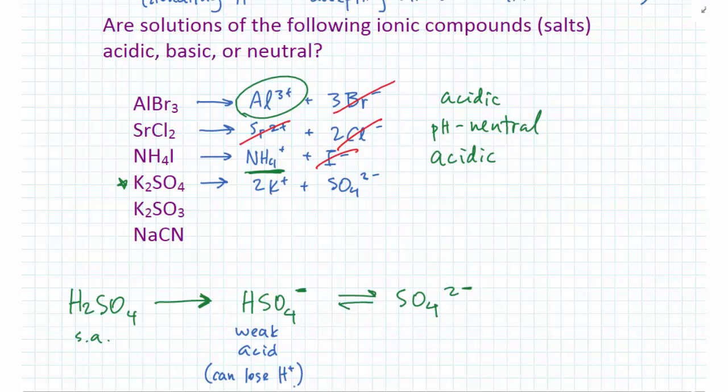Can HSO4 minus gain an H plus? No, because this is a strong acid. So HSO4 minus is not a base in any way, because if it acted as a base, it would make H2SO4, which can't go that way. Now over here, sulfate, at the other end, what's the only thing it can do? It can gain an H, which makes it a weak one.